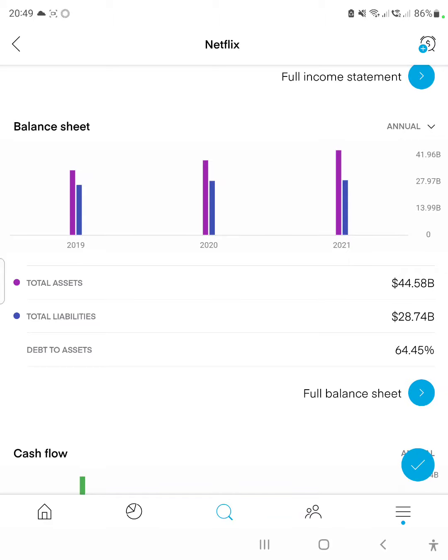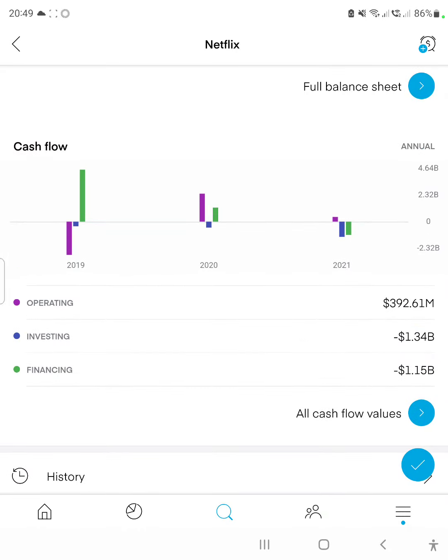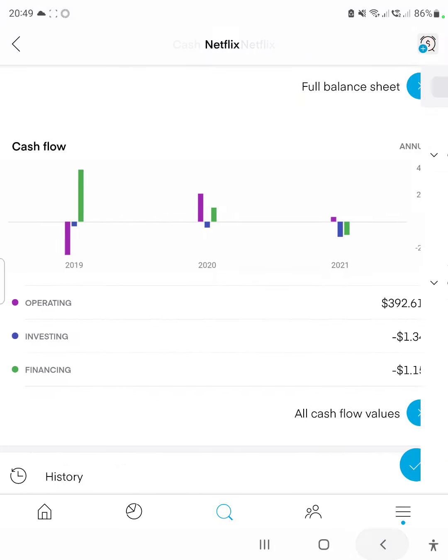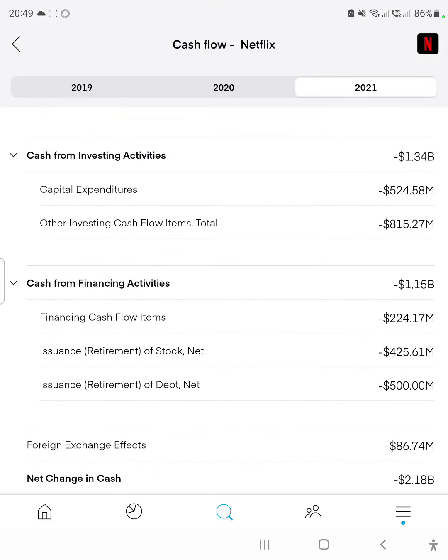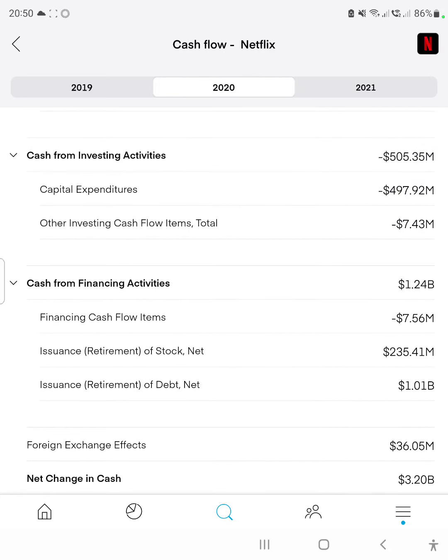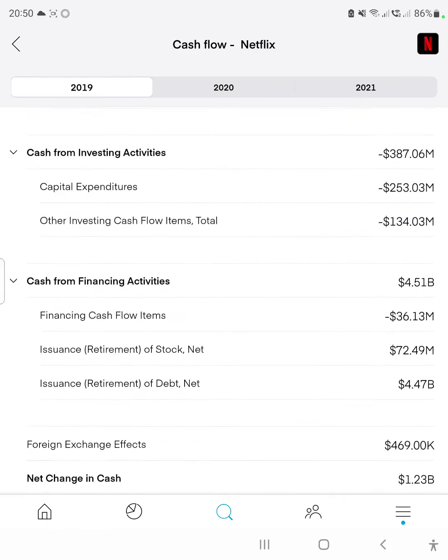Debt, like I said, most large cap companies have a lot of debt. This one has over double the amount that Meta Platforms has. So this one's going to be a bit more risky financially. So let's quickly check the cash flow statement for net change of cash. It's lost 2 billion this year. It gained 3.2 billion last year, and the previous year it gained 1.23.